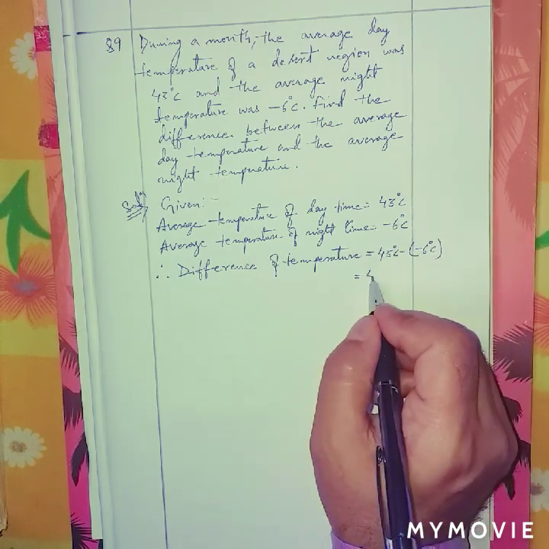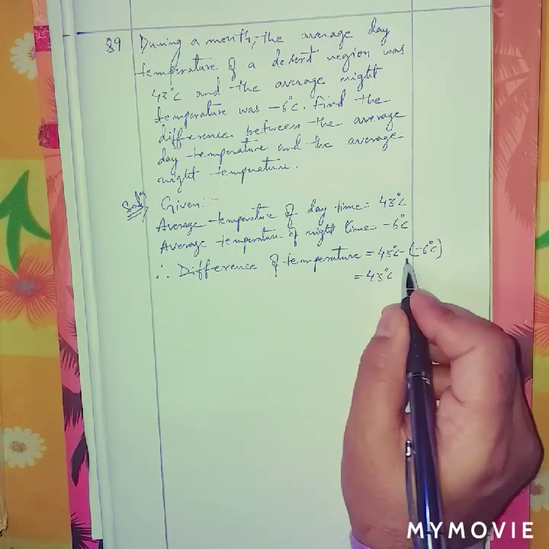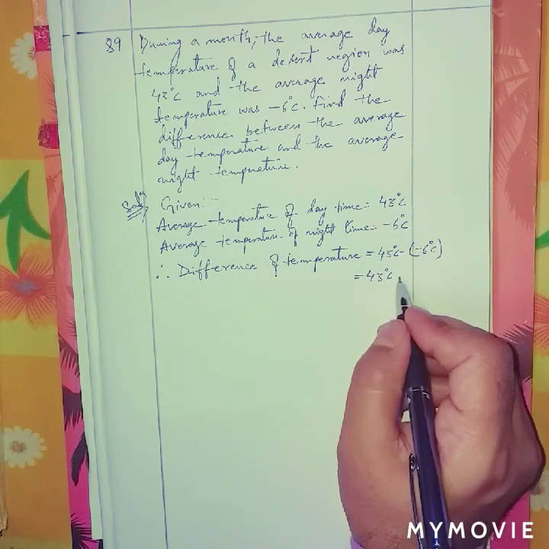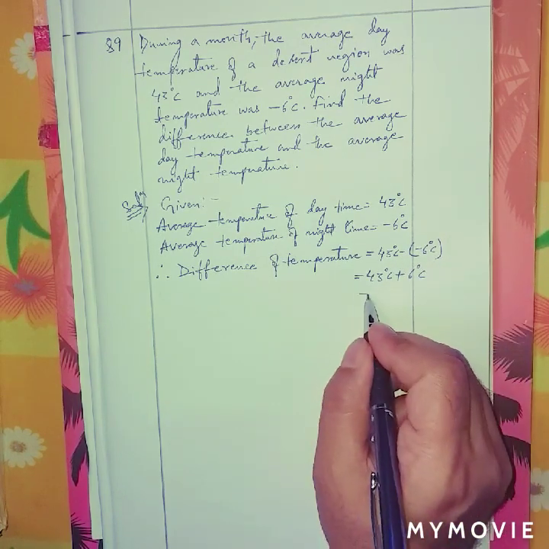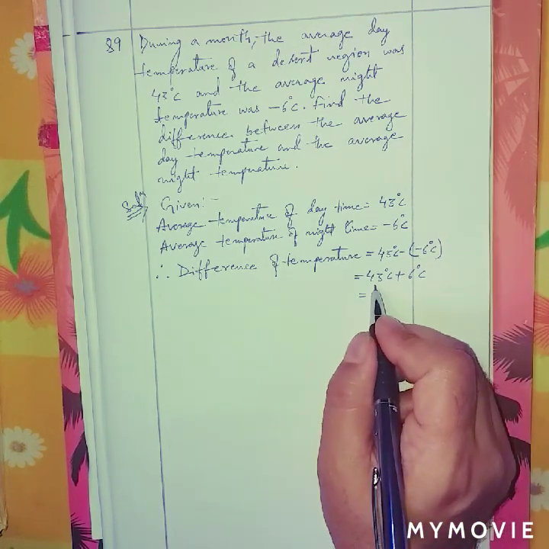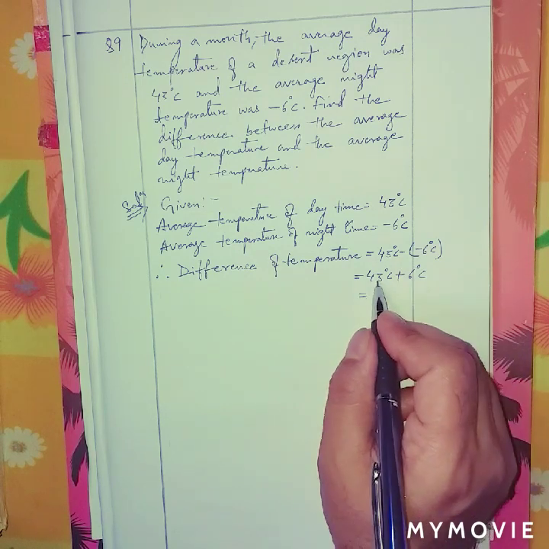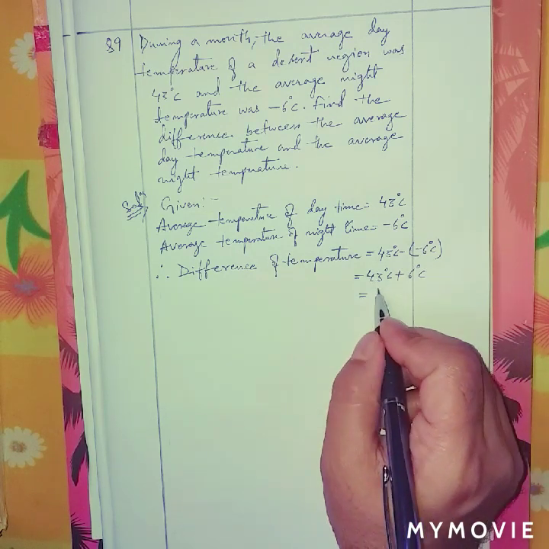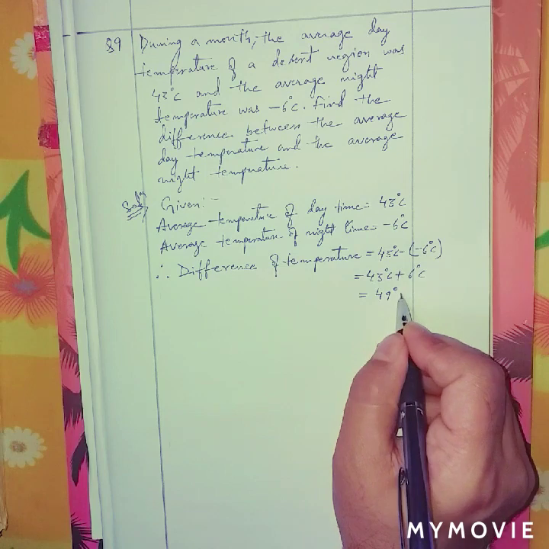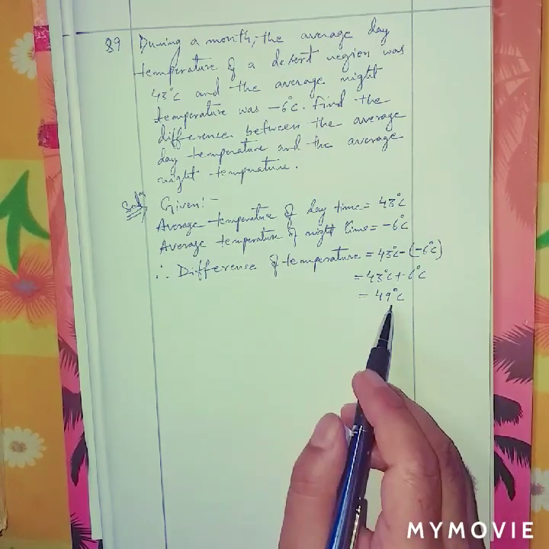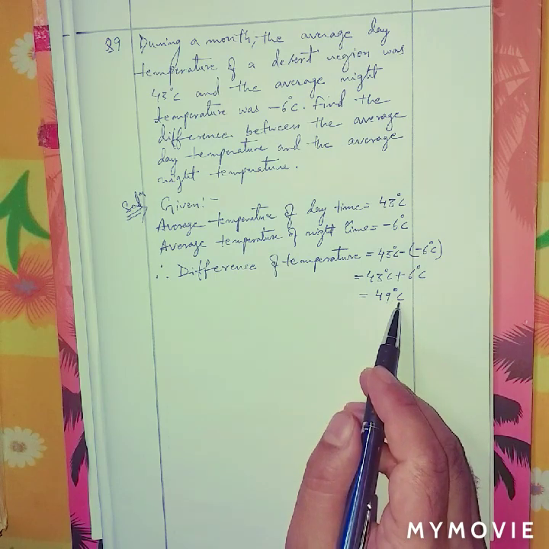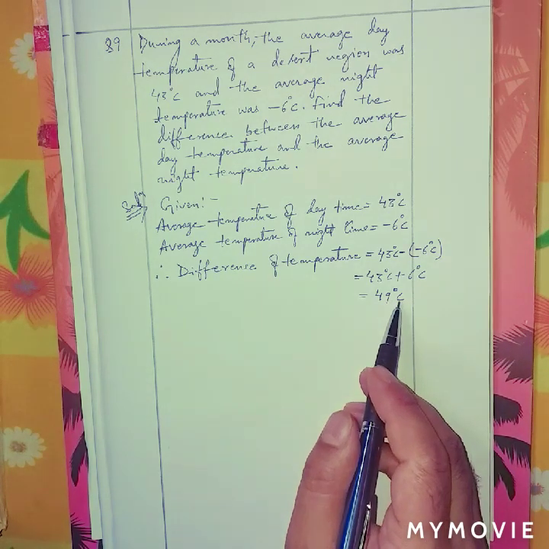Now in this step we will open the bracket, minus into minus is plus 6 degree centigrade. Now what is remaining, we have to add only. 43 plus 6 is how much, 49 degree centigrade. So therefore the difference of temperature we got is 49 degree centigrade, isn't it?